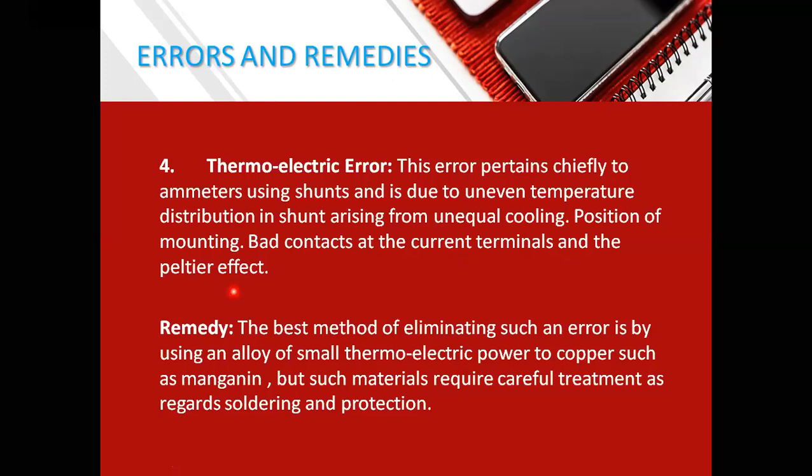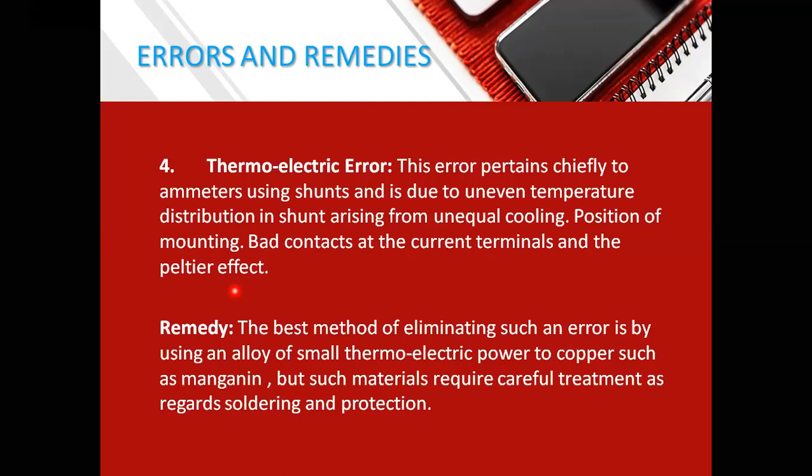Why? Because the shunt is placed. We use shunts in ammeters. A shunt is a low resistance material. And there is a resistance inside the coil, because the coil is made up of copper and it will have some resistivity.